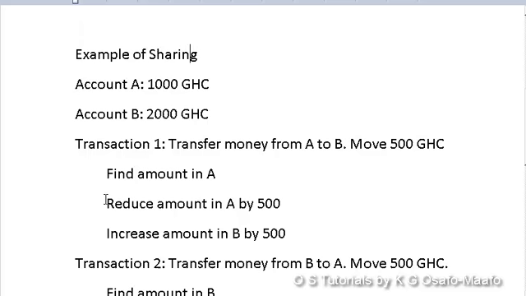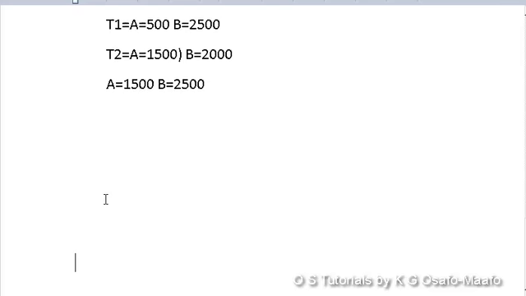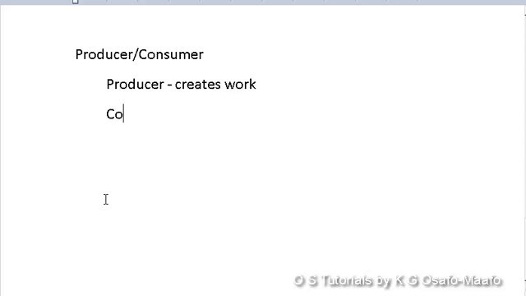Now, another common one, and this is much closer to computer science, is producer and consumer. A producer usually creates work, and a consumer, or let's say a producer creates some object and the consumer utilizes the object.